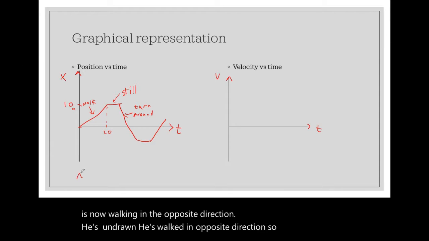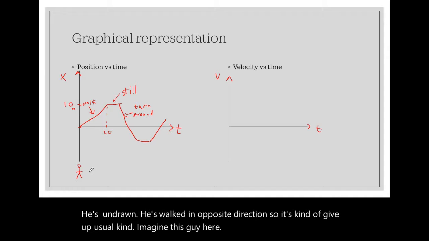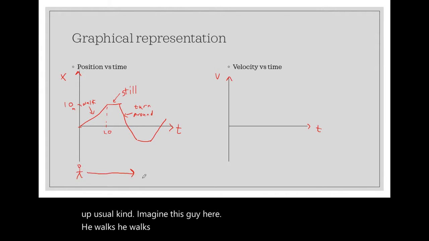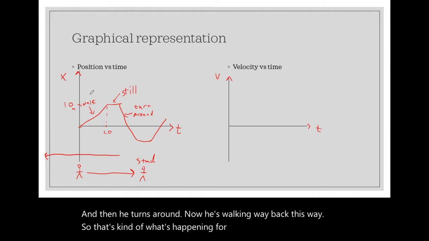So just to give a visual, imagine this is the guy here. He walks, and now here he's just standing. And then he turns around, now he's walking way back this way. So that's what's happening for these first three parts of the graph.